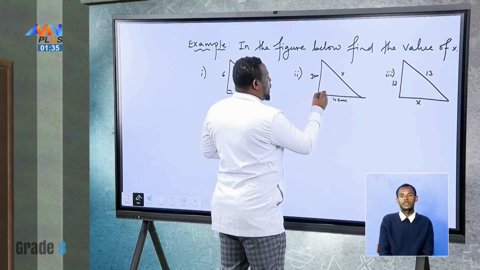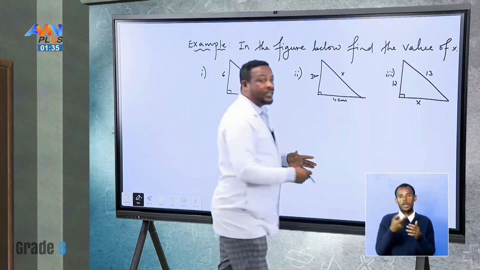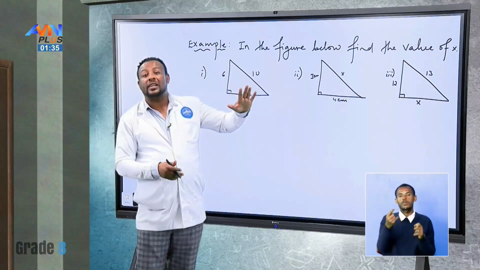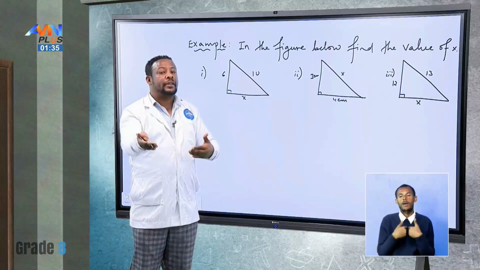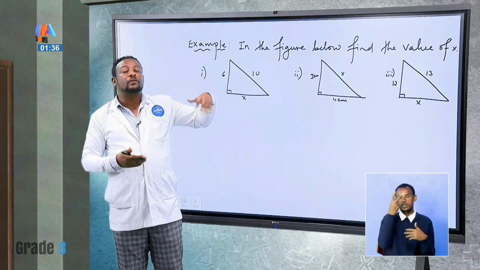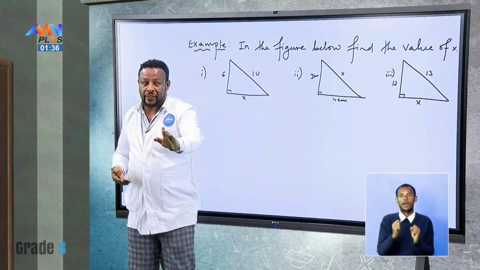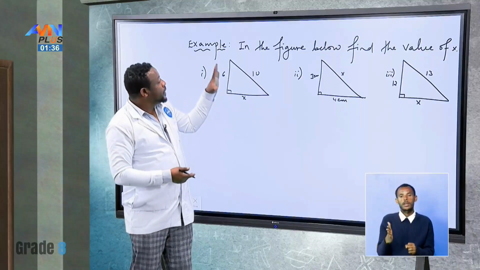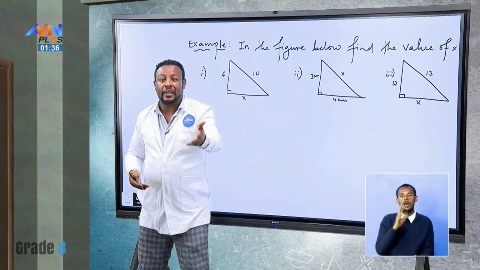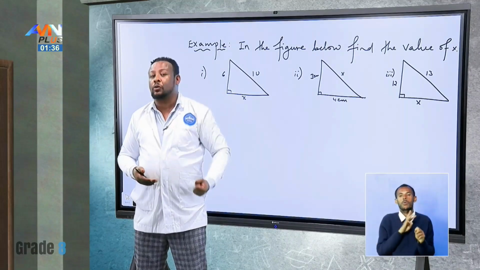So suppose we have these three triangles. In each of these three triangles, we have a certain unknown side. So we will see how we can find these unknown sides. Since all these are right-angled triangles, we can apply Pythagoras theorem.